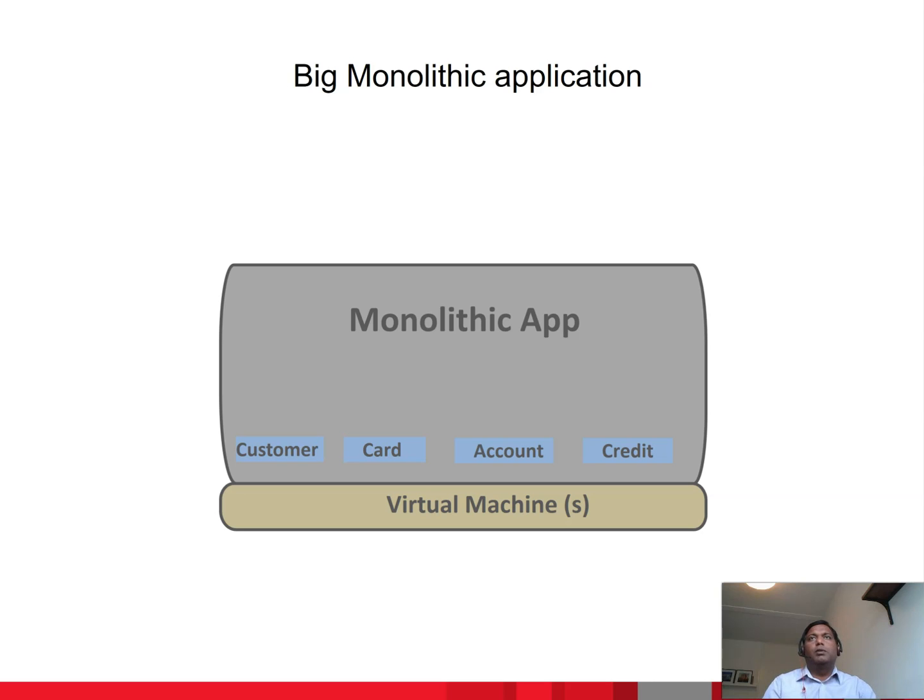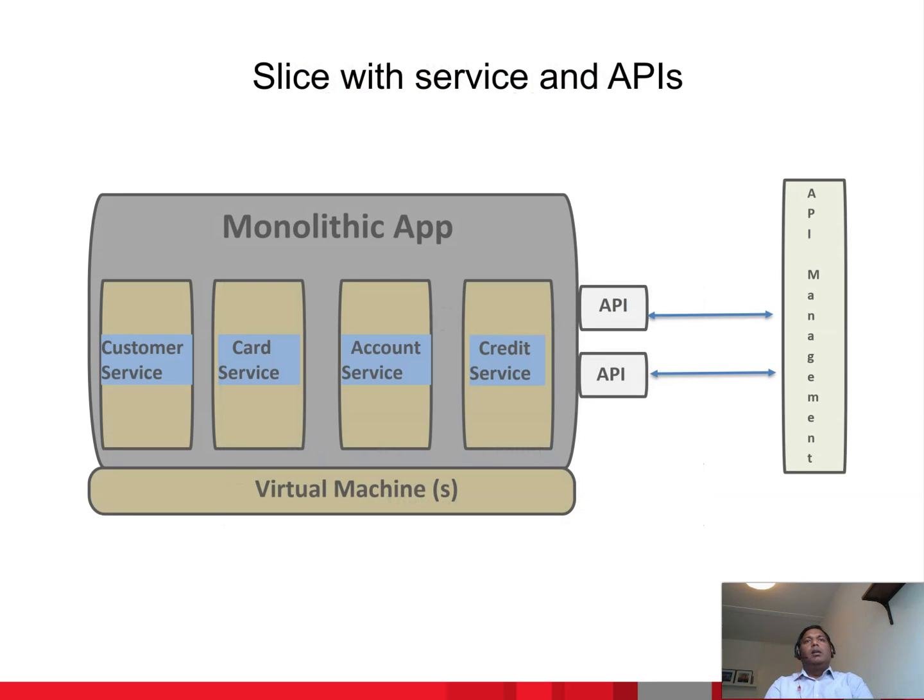And now we want a microservices architecture. How can we do that? We can try the incremental approach. We build each functionality as part of a service or an API, and we also transform the top layer as APIs, and there we also introduce an API management or API gateway layer for abstraction.